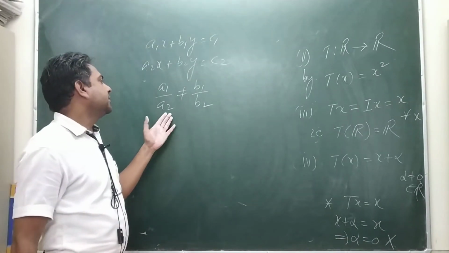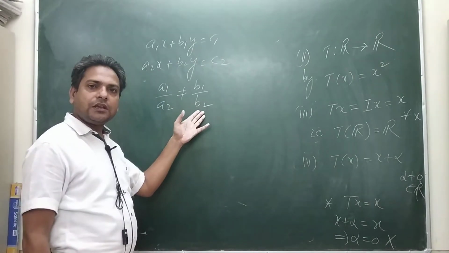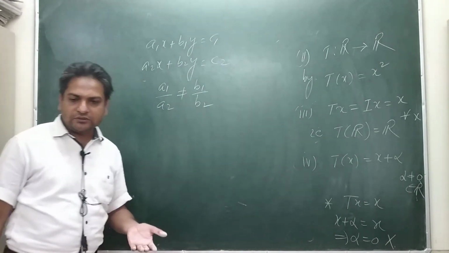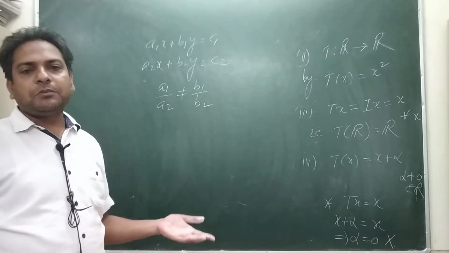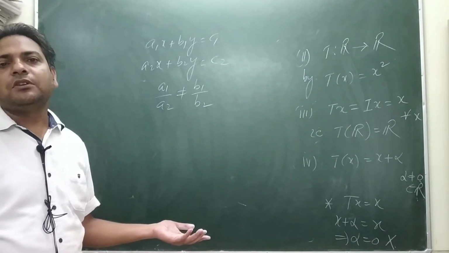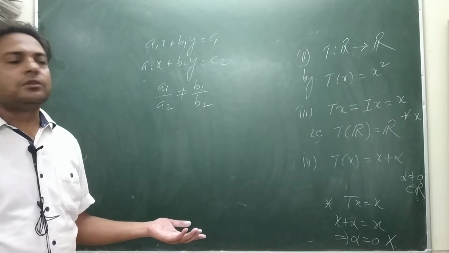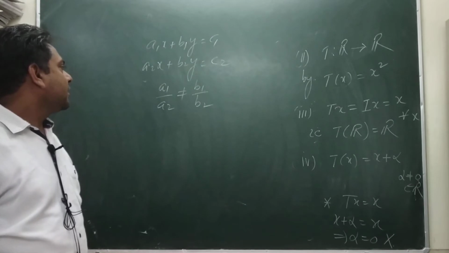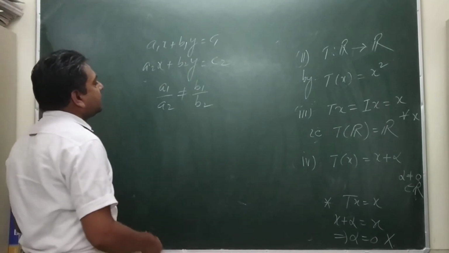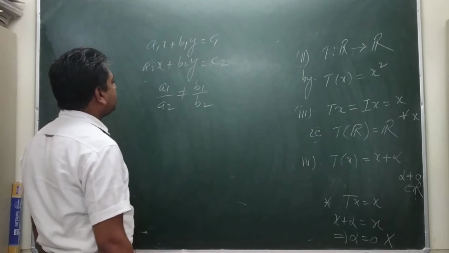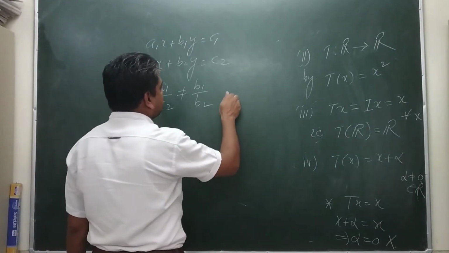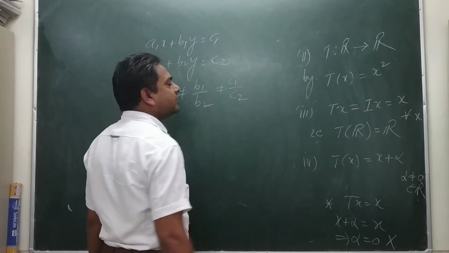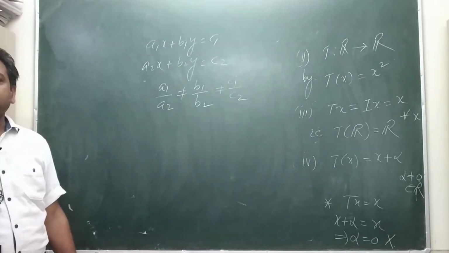If this criterion is met, then we can say that the system is consistent. And when the system has a solution, it may have a unique solution or infinitely many solutions. So what is the criterion for this? a1 upon a2 not equal to b1 upon b2, and again if we remember c1 upon c2, then it has basically a unique solution of the system.